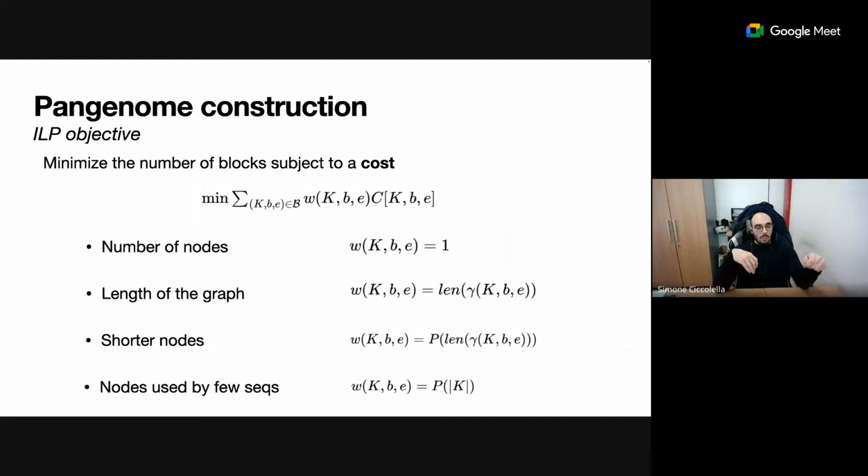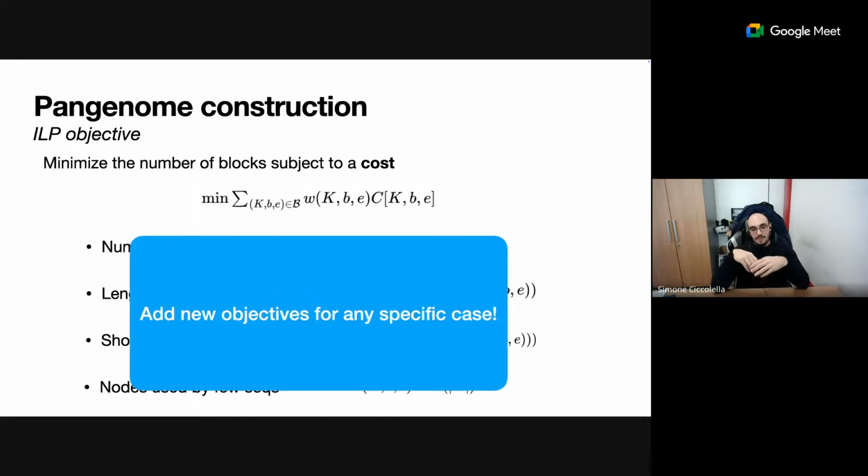And while they tend to have some similarity between them, all of them can be used to optimize a different part of the graph, such that we will result in slightly different topology that still explains the same input. The beauty of this is that, first of all, it's easy to add a new objective function.